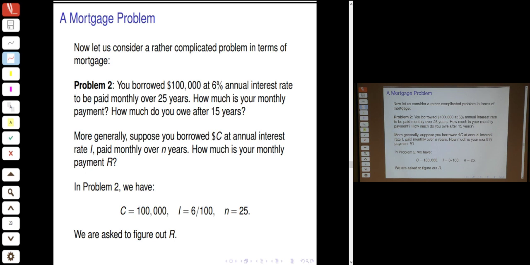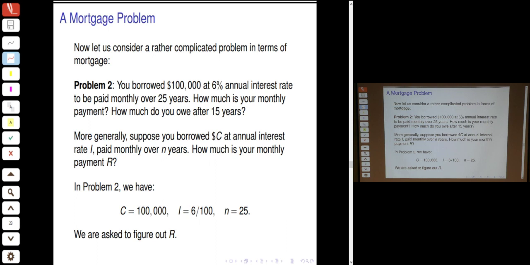So let us put this problem in a more general context where, instead of actual figures for the various quantities involved, we use symbols, because that sometimes makes the main mathematical ideas or issues involved very clear.